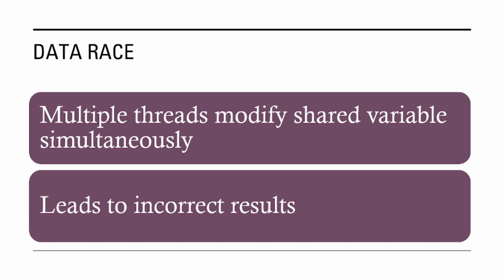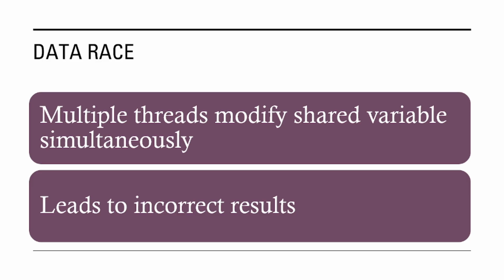So if you take an example scenario, if multiple threads increment a shared variable counter without synchronization, some updates may be lost, resulting in a wrong final value. The final value of the counter is different every time.